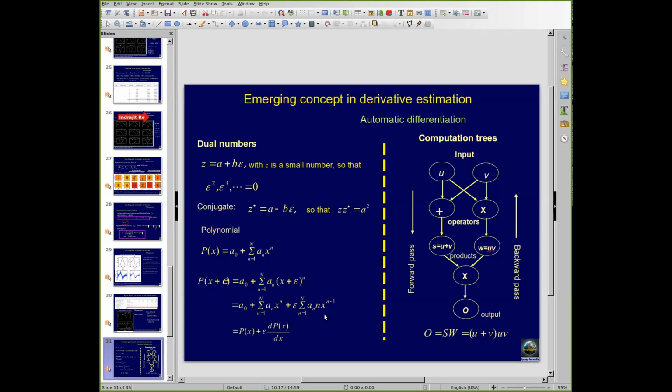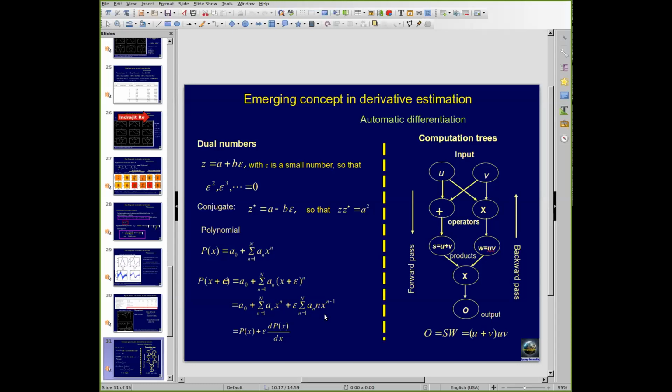The method was developed in the late 19th century by Clifford in 1876. The concept came first from William Clifford, around 1873, but it was never used. Later, in the beginning of the 20th century, dual numbers were used for the first time.